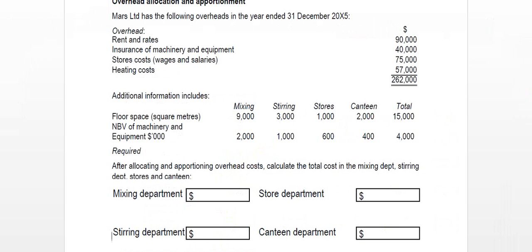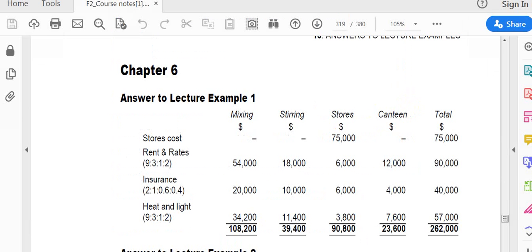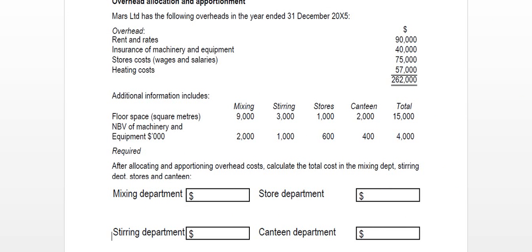The stirring will get 3,000 divided by 15,000 times 90,000, which will give us 18,000. We'll continue across the stores, the canteen as well, until the whole 90,000 is prorated. Where do you get the 15 from? The 15 is the total of the floor space.